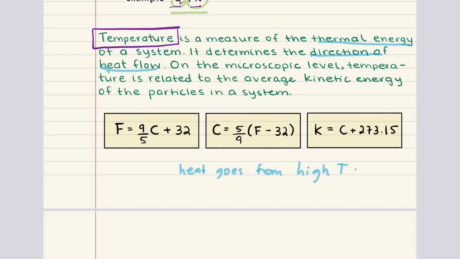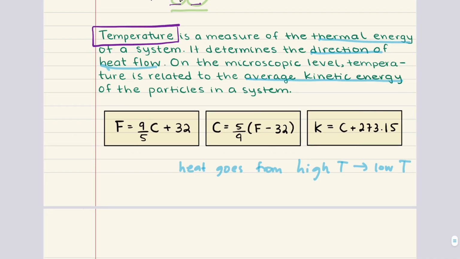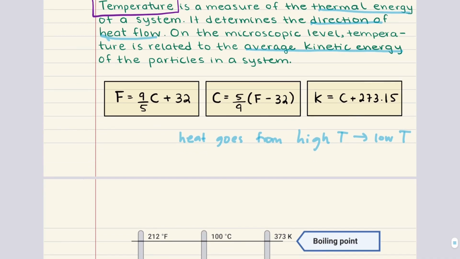On the microscopic level, temperature is directly related to the average kinetic energy of the particles in a system. The faster the particles move, the higher the temperature. This connection between particle motion and temperature is one of the bridges between microscopic mechanics and macroscopic thermodynamics.